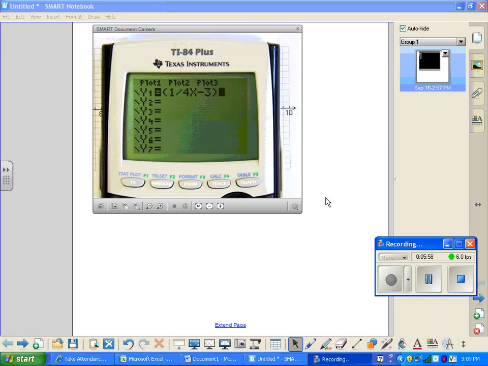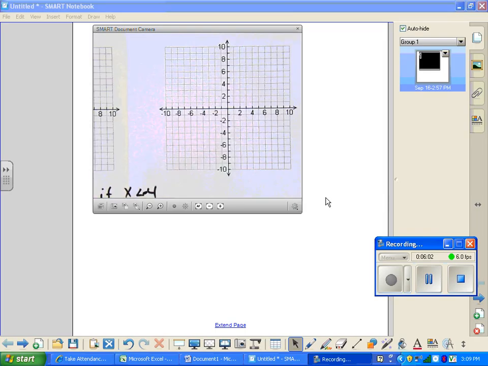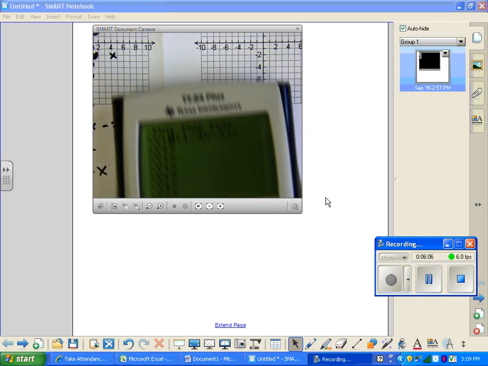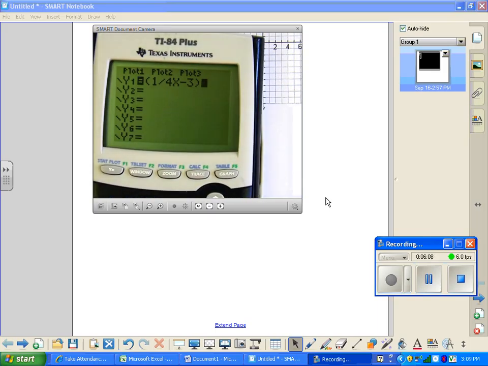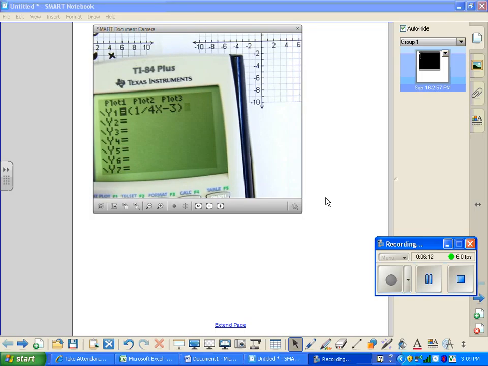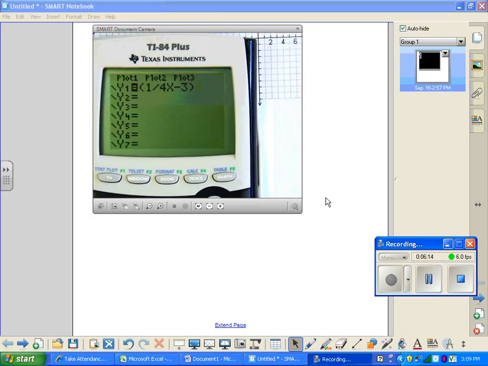And then what I have to do is put the restriction part, that was x is less than -4, beside it in parentheses. So x less than -4, you have to figure out where to get the less than sign. And I'm going to show you where to do that.